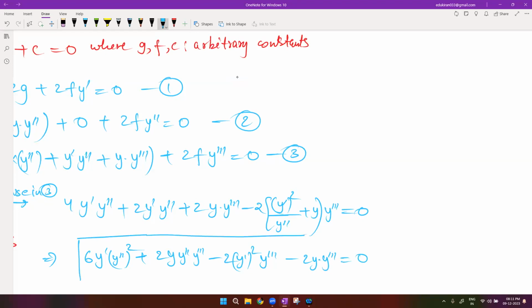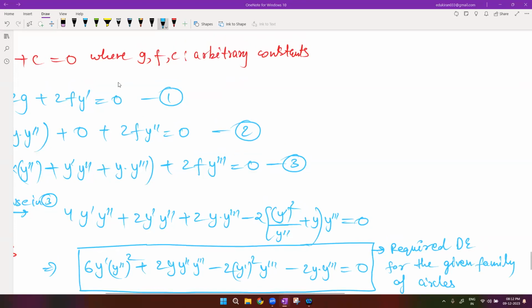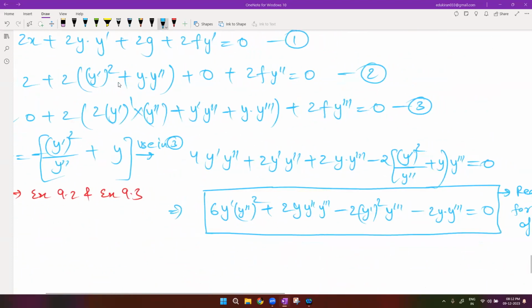This will actually be the final differential equation for this. So this will be your final answer. So, please write this, okay?